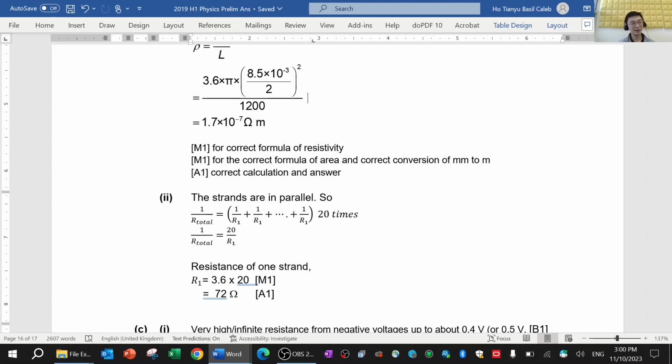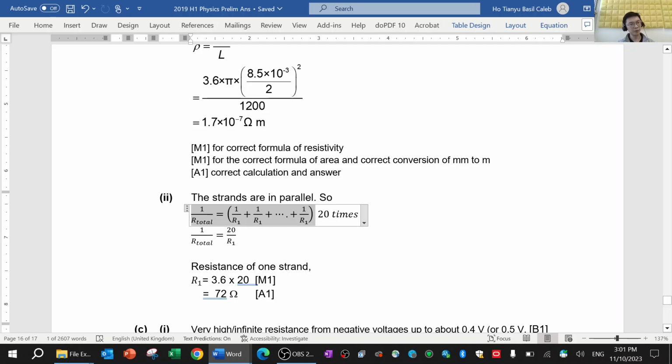Part 2 is a bit more interesting, because it asks you to calculate the resistance of one strand. If you read part B, third line, the resistance of the cable is 3.6. I think in the time practice we did something like this. A cable means a number of strands connected in parallel to each other.